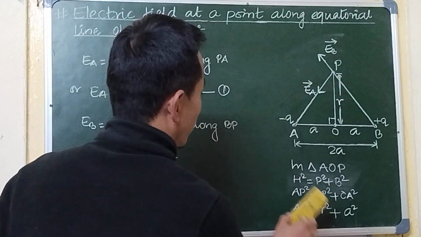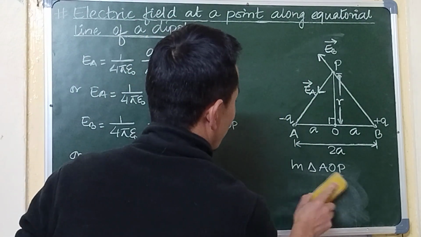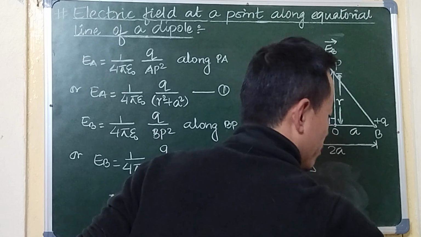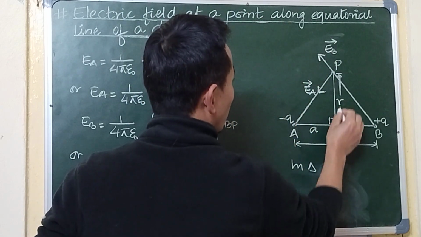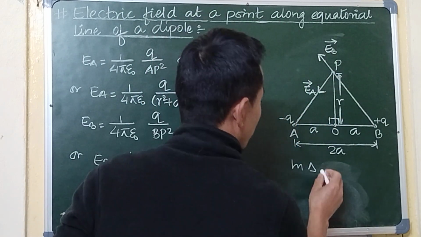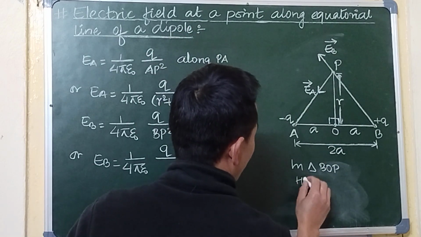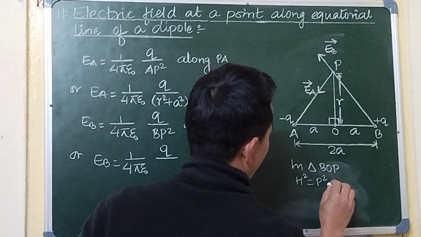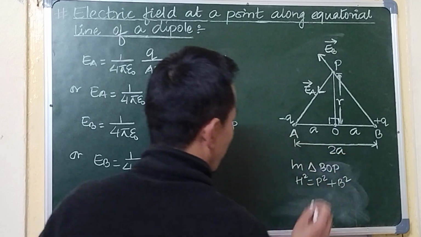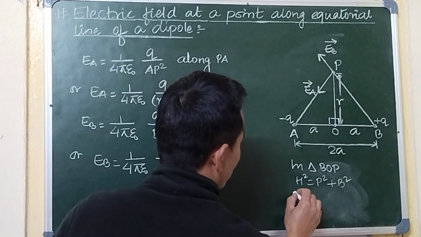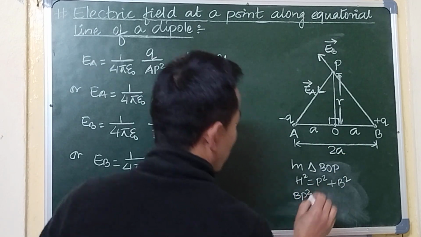again in order to find the value of BP square, let's take the triangle BOP. This is again a right angle triangle. So applying Pythagoras theorem, which is hypotenuse square equals perpendicular square plus base square. Hypotenuse now is BP, so BP square.